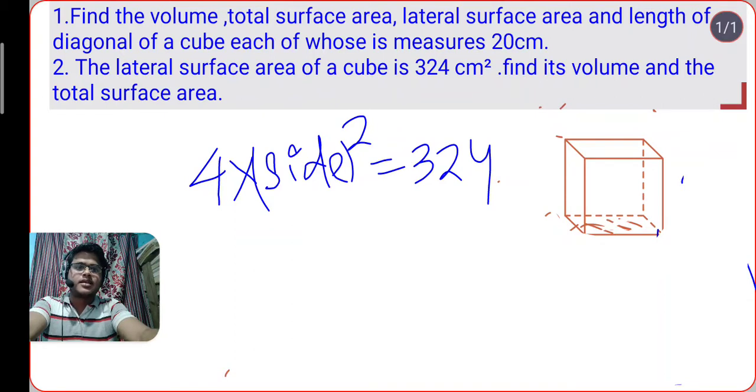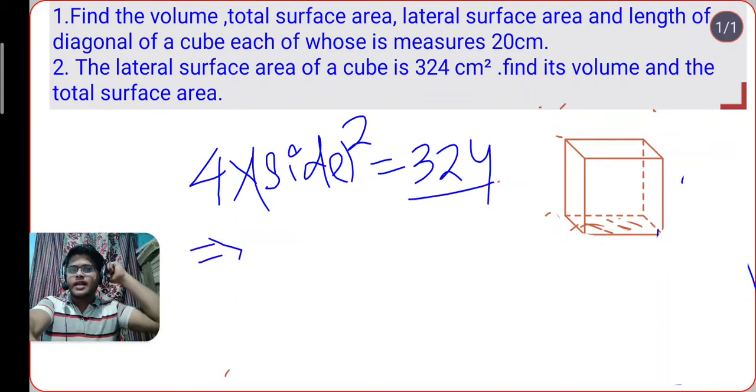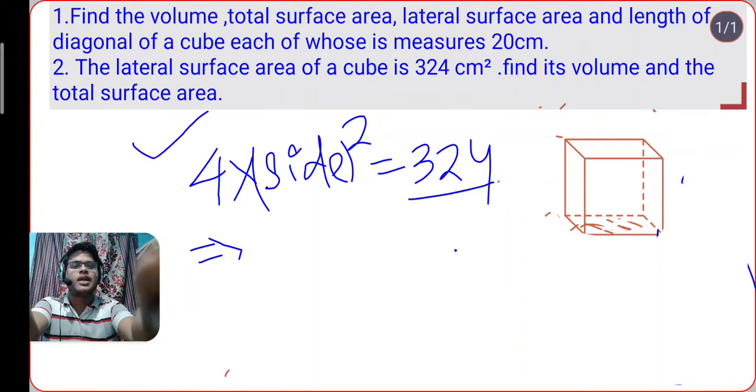So the question gives the lateral surface area of a cube as 324 centimeter square, and you have to find out the volume and total surface area. To calculate these we need the side because we don't know the side. So to calculate the side, we directly put the formula of the lateral surface area, that is 4 into side square.